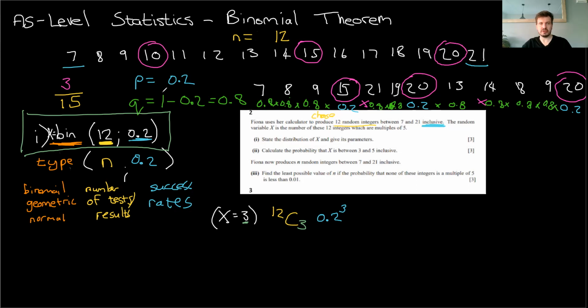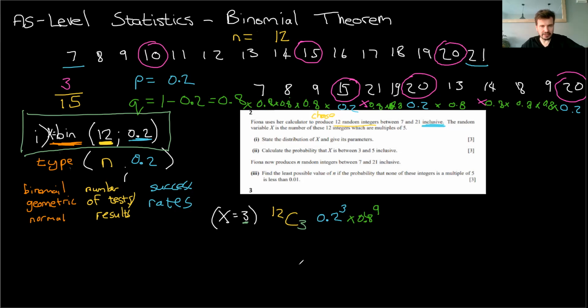So if I was to do it for this specific one, you would say 0.8 times 0.8, and this would be all multiplied together. But the binomial theorem makes it much simpler by just saying, well, do the successes and then do the failures. And of course, 0.2 times 0.2 times 0.2 is 0.2 to the 3, and 0.8 nine times is just 0.8 to the power of 9.